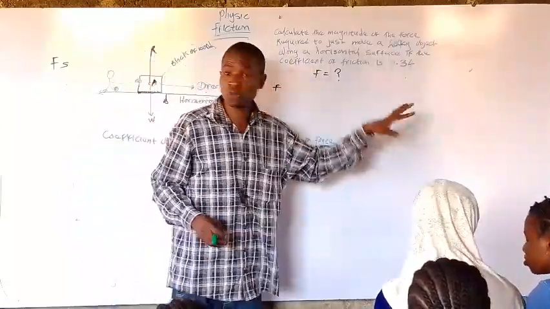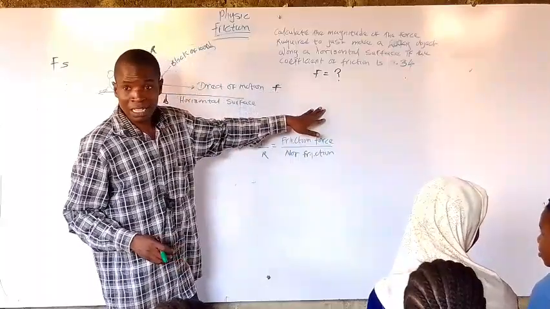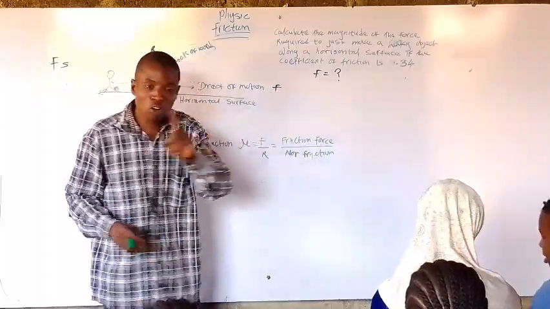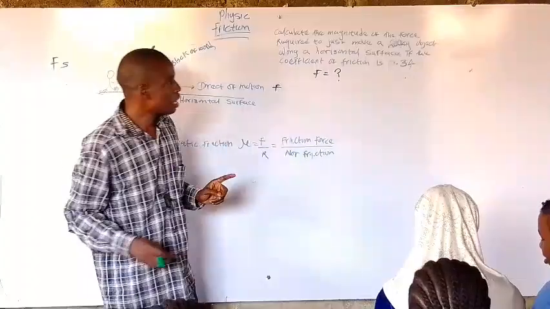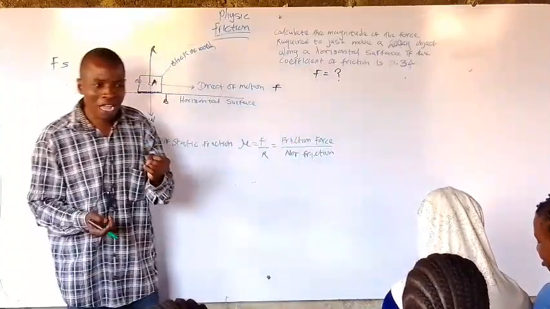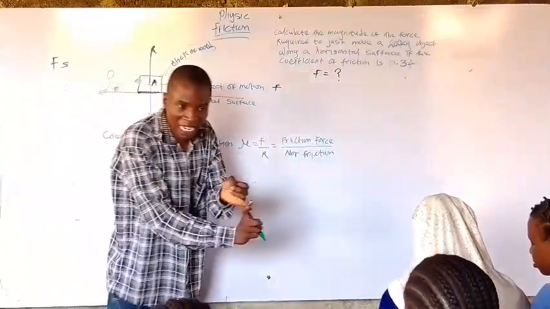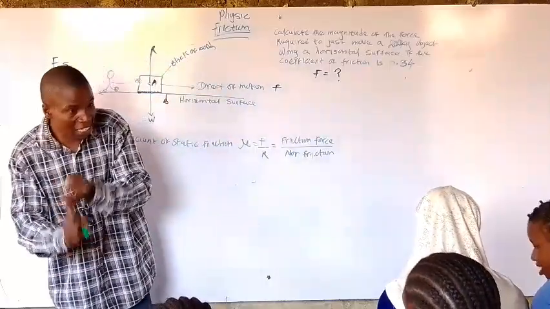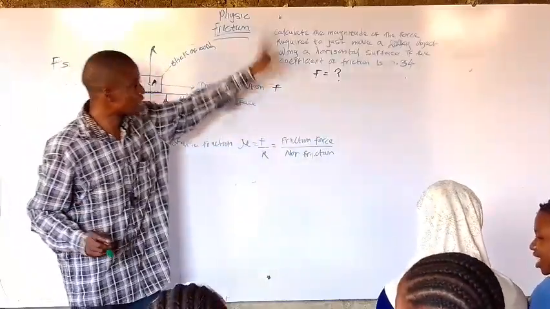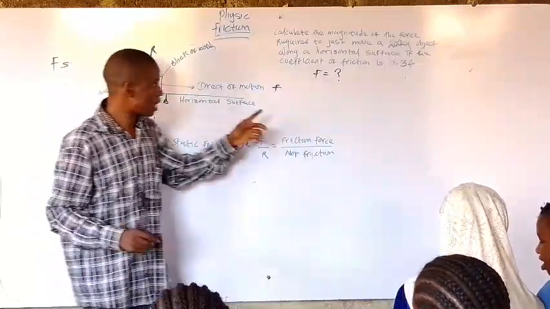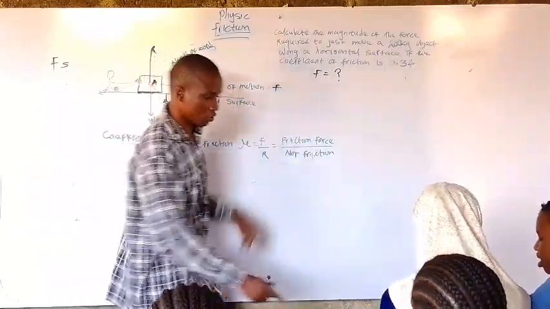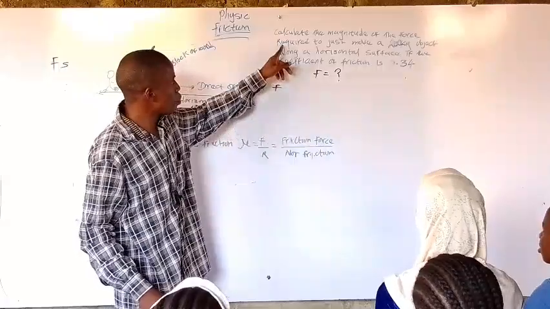Read it first before you begin to put down anything that is mentioned. Do you know the reason why you need to read it? When you are reading it, you are able to know whether it is dynamic friction or static friction. But when you are just writing, at the end of the day, you don't know. Are you hearing now?